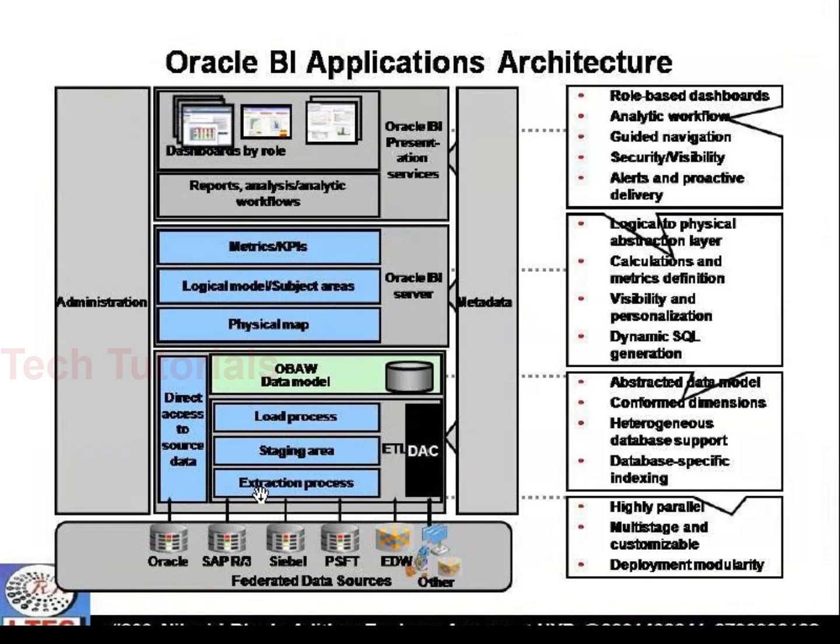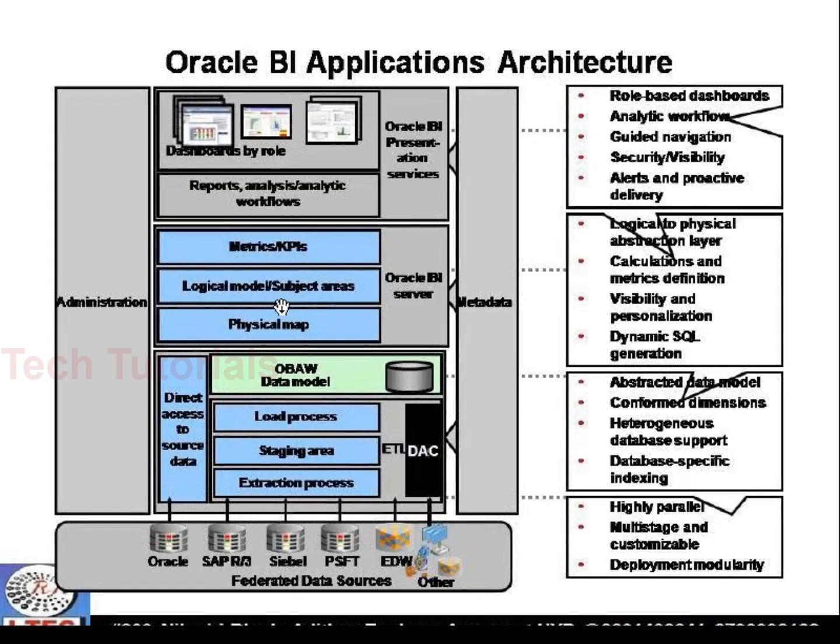Using these sources, what is the first process you are doing? Extraction process. Extraction process is nothing but SDE. You use SDE mappings and move to the staging area. From the staging area, we go for SIL mappings, and we build the OBIEW data model. Once this data model is with you, then we go for the RPD: physical layer, next logical layer, presentation layer.